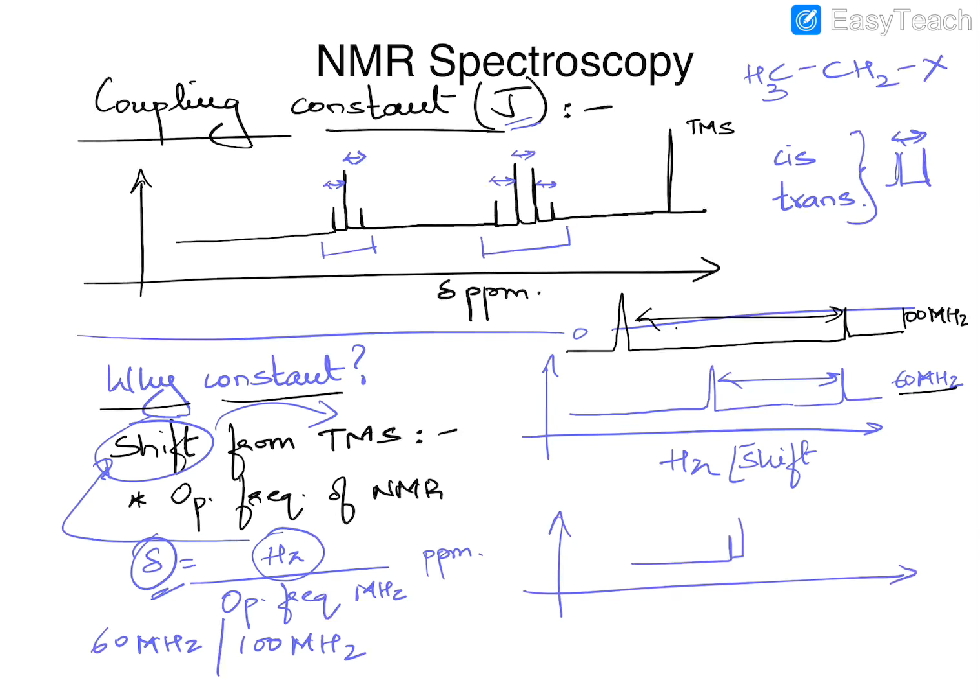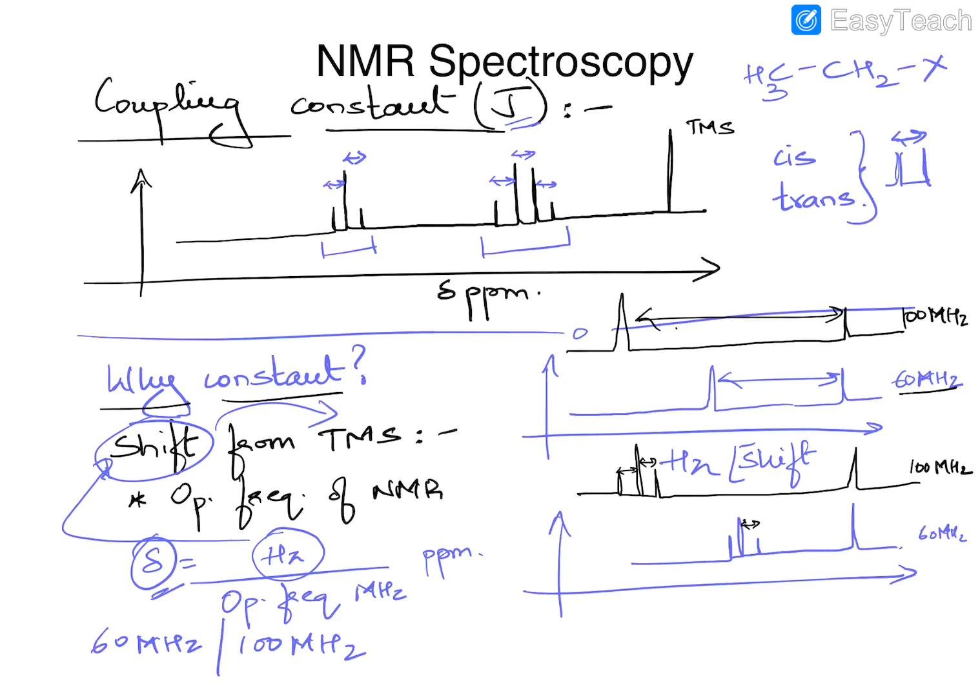Irrespective of whether the operational frequency is 60 megahertz or 100 megahertz, the spacing or the difference between the frequencies of these peaklets that originate due to coupling of protons remains essentially the same. Okay, let's take a moment to sink that in.